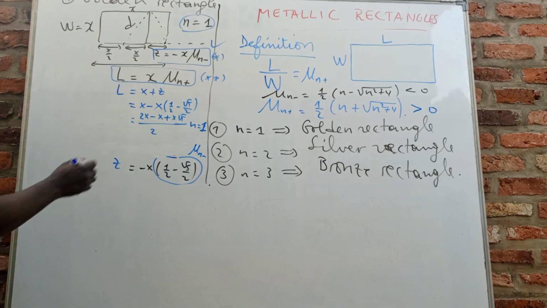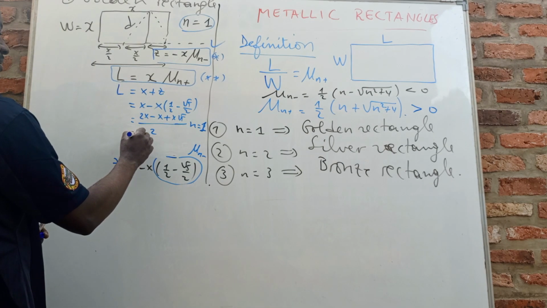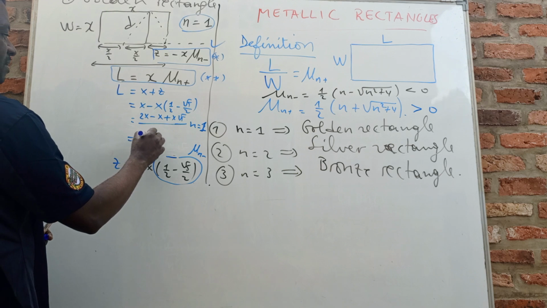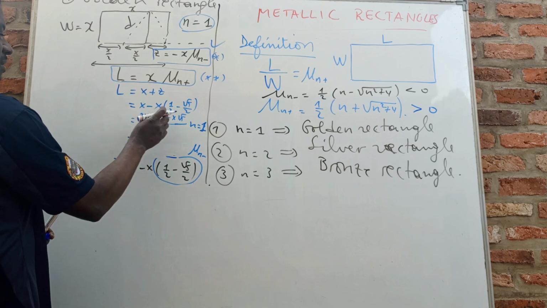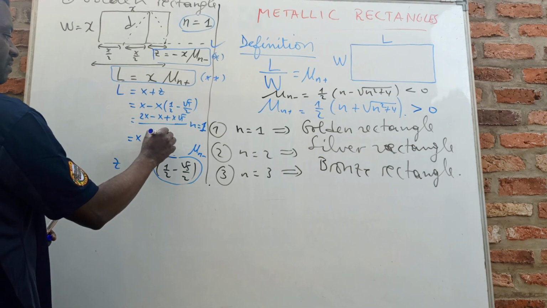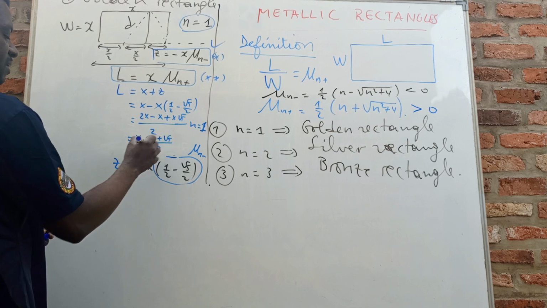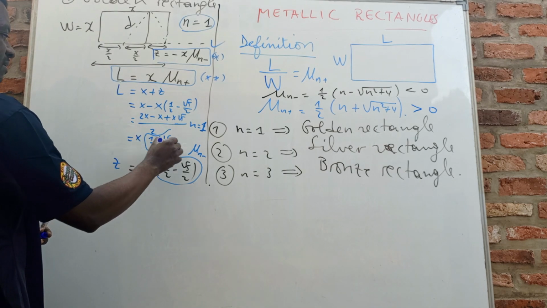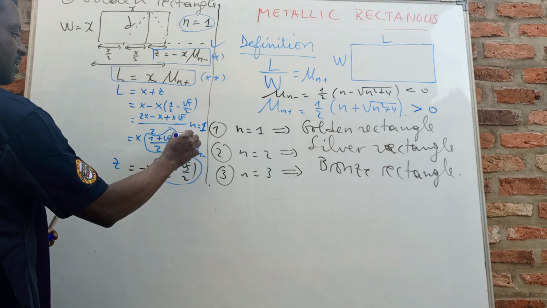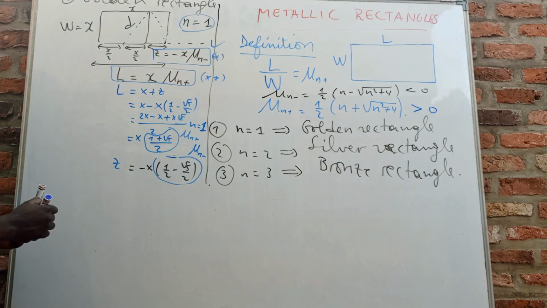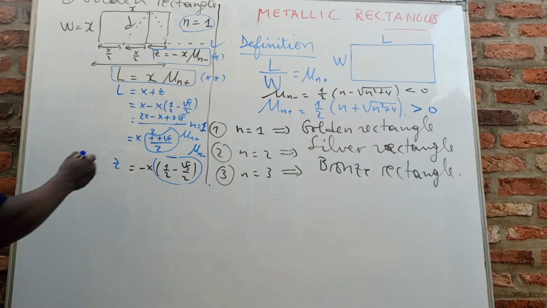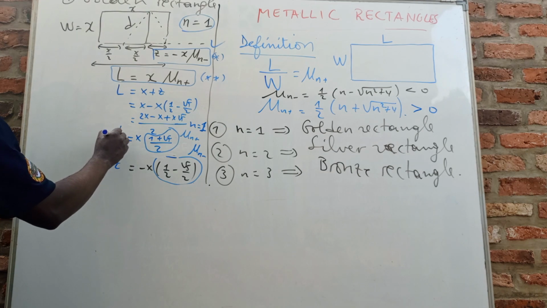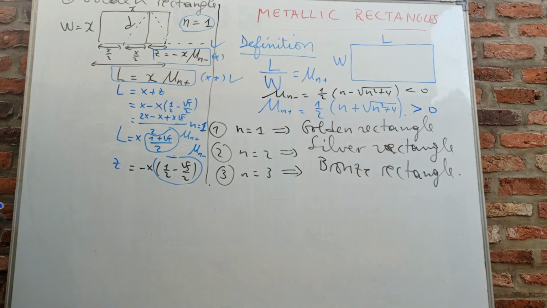So now we are going to get x out. 2 minus 1 is 1, 1 plus the square root of 5 over 2. And that is exactly the metallic ratio with n equal to 1. So that one is proved. This relation is also proved.